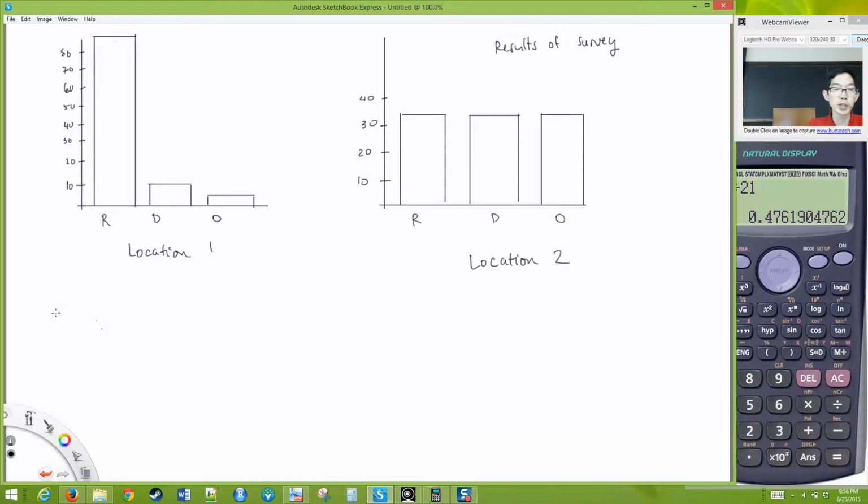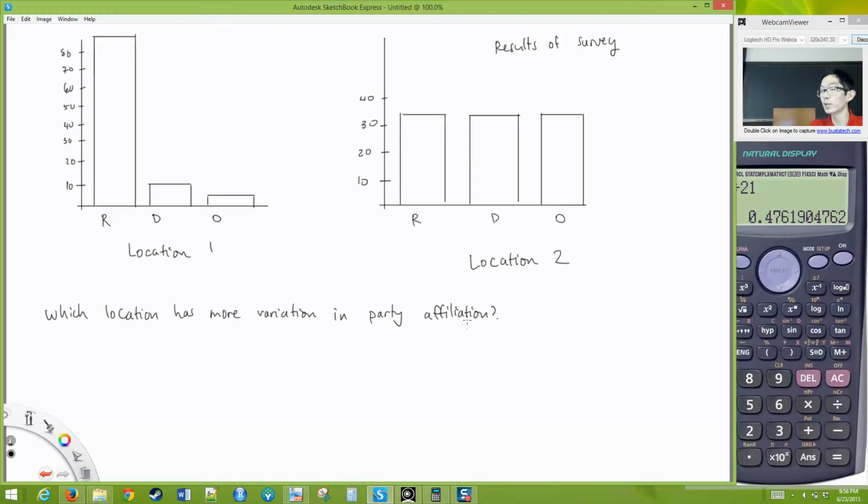So which location has more variation in party affiliation? Okay.